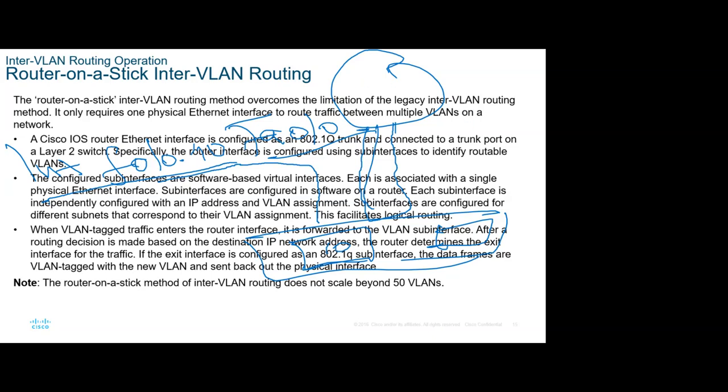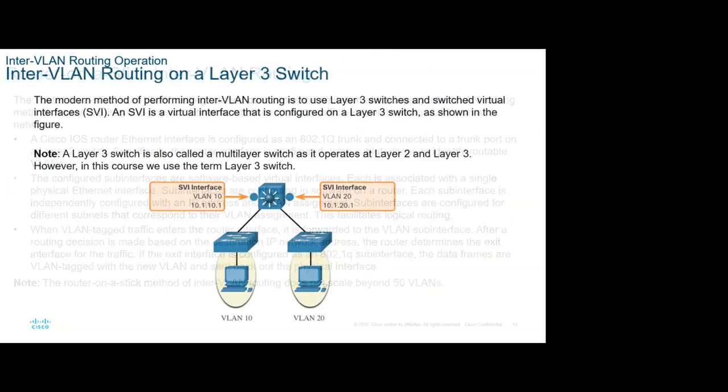And then you can create another sub-interface, maybe FastEthernet 0/0.20, to serve this VLAN. So the VLANs and the sub-interfaces will be logical. You can't see them, but they will be there. So you need to read through this statement there.